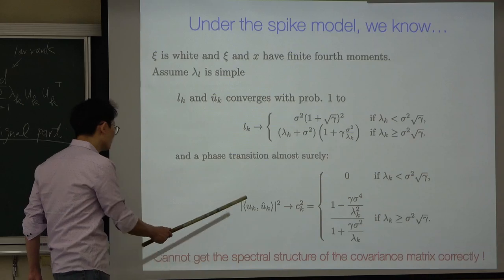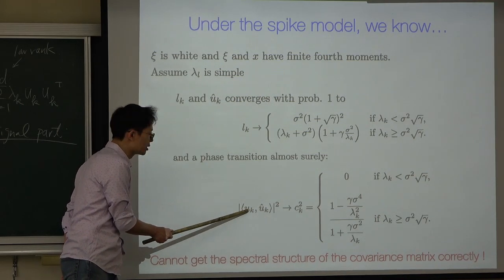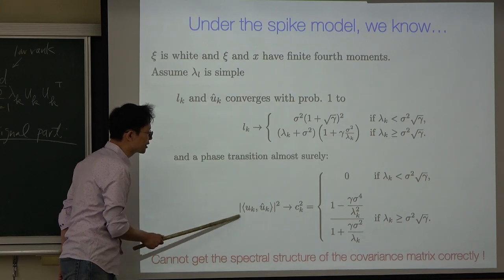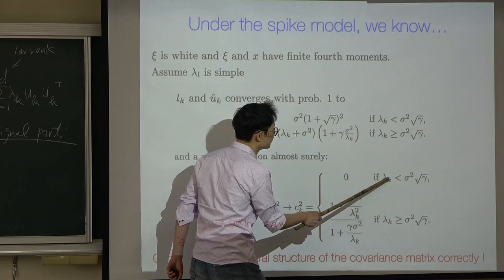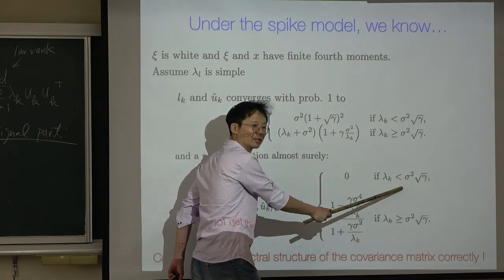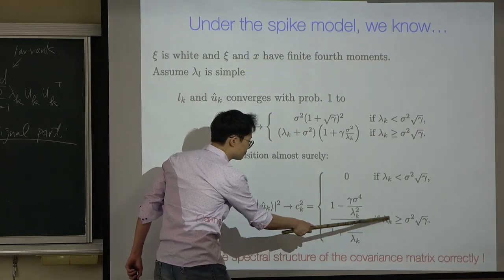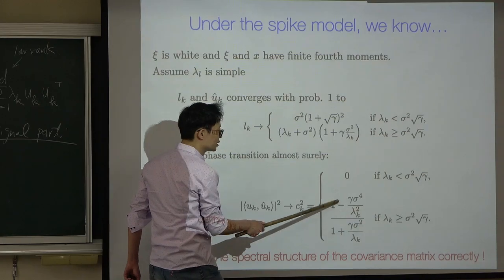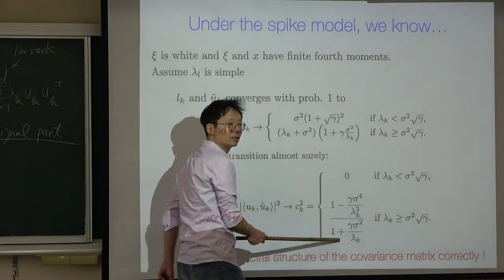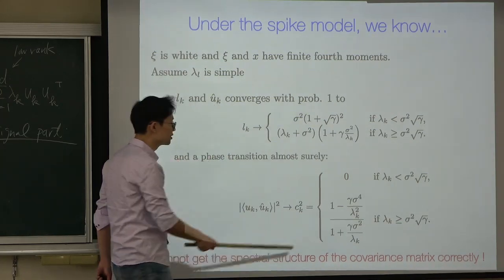Moreover, for the sample eigenvector and the population eigenvector, the angle converges to 90 degrees if lambda k, the signal strength, is too weak. But if the population eigenvalue is sufficiently strong, then you get something deviated from 1, not really 0.